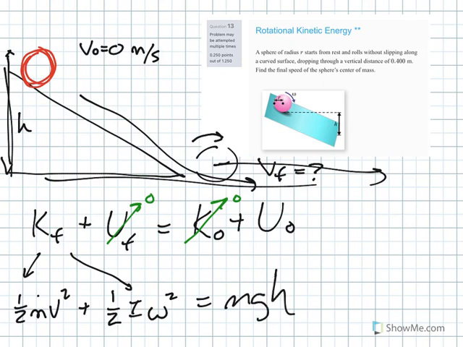Now we're going to take this expression and change the omega and the I into terms that will get along with the other two terms with the m in them. So I'm going to rewrite this over here: 1/2 mv squared plus 1/2 I omega squared equals mgh.